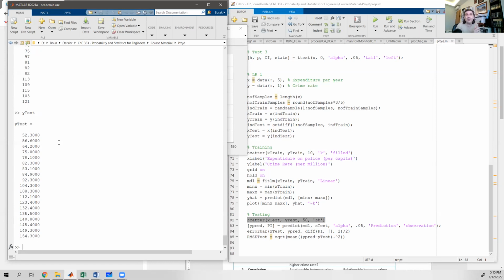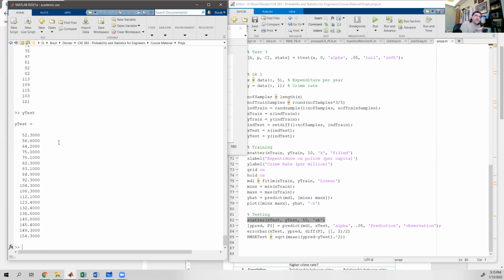We don't know how many crimes are going to happen. Let's say that for that current year, we know how much investment has been given to the police, but it takes 1 year for the whole crimes to occur in that city, state, whatever. So we don't know the y value yet.